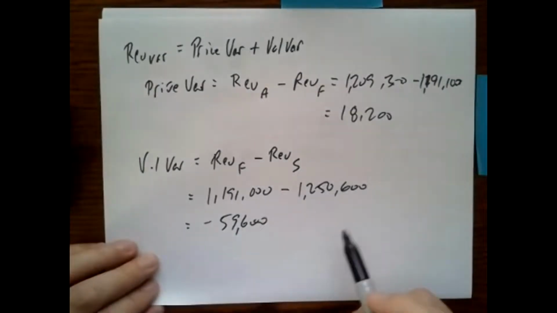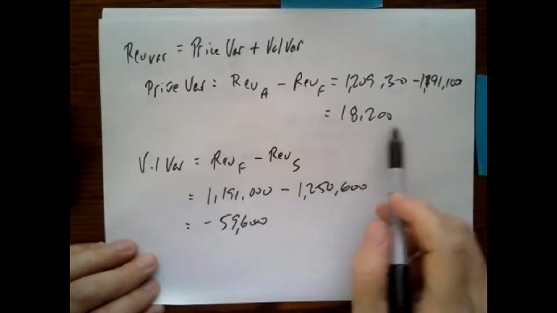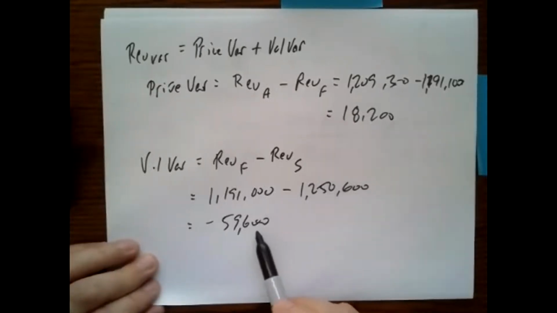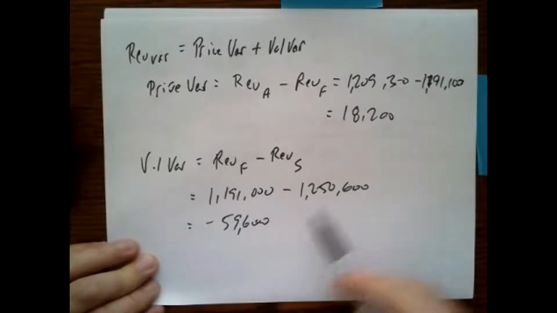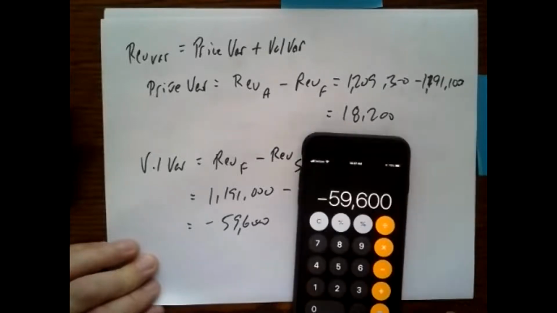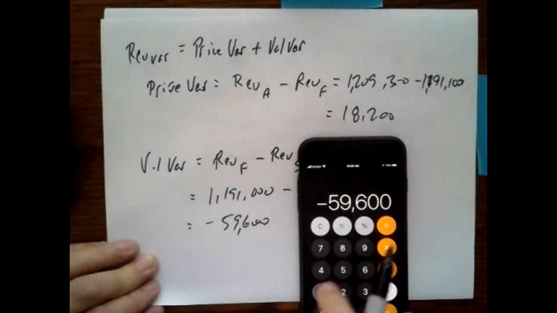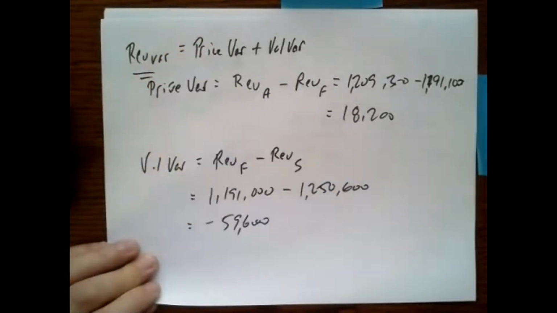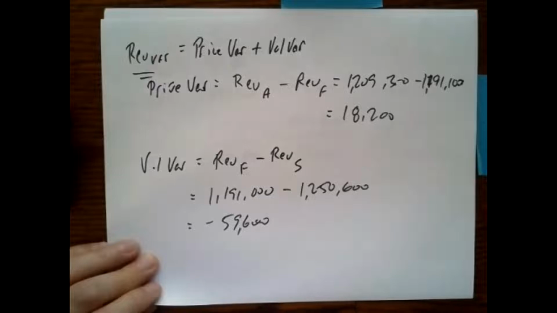So while our prices went up and increased our revenues a bit, our volume was down enough that it drove down our total revenue. If we add these two together, negative 59,500 plus 18,200, we get the 41,300 that we calculated for our revenue variance.